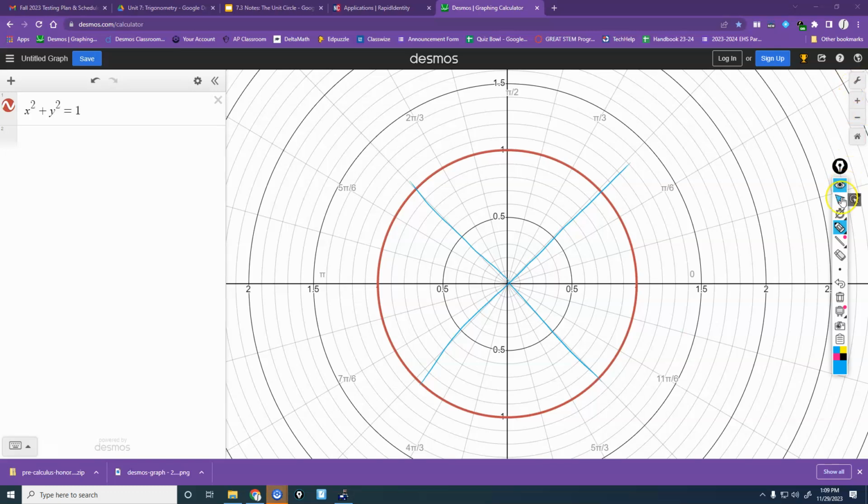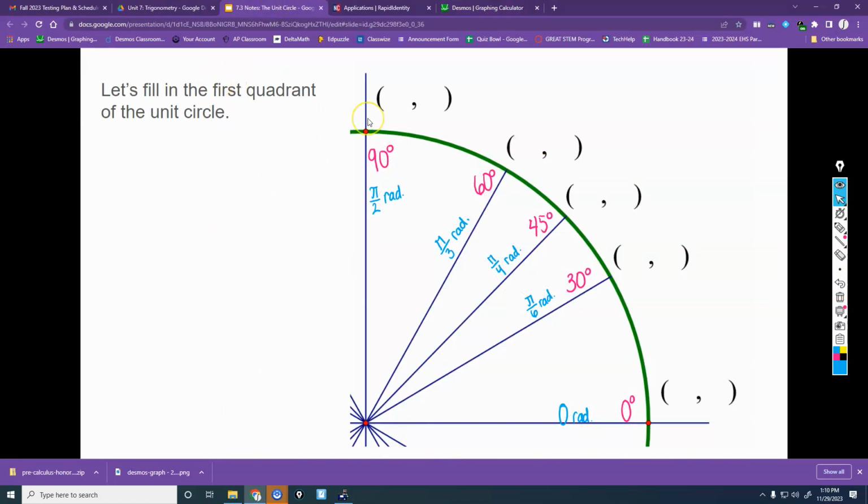Okay, so let me go back over here. All right, so on the unit circle, the radius is 1. So this point right here would be (1, 0). And then again, the radius right here is 1.